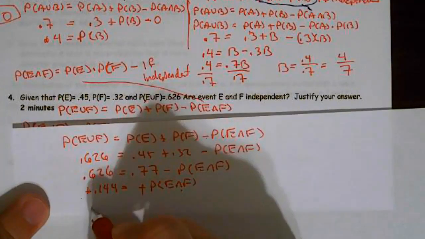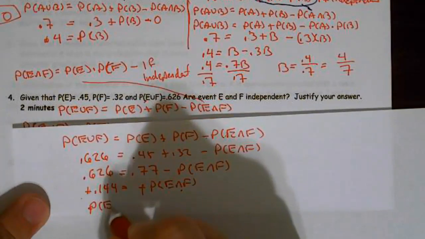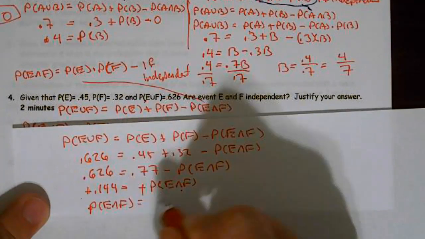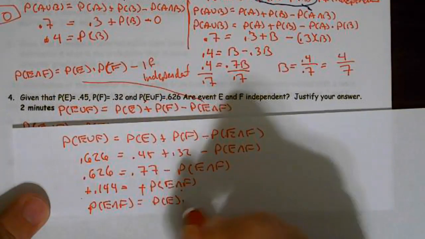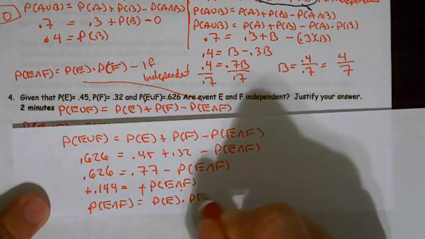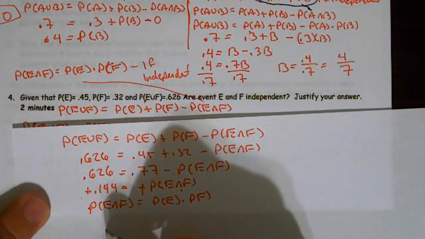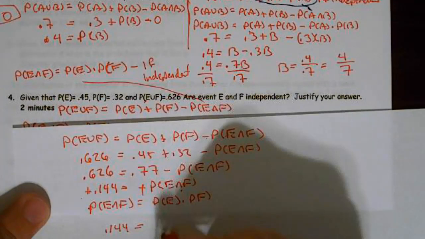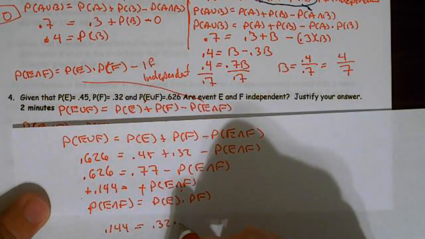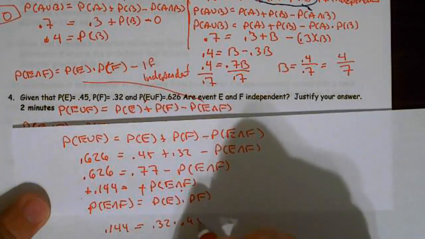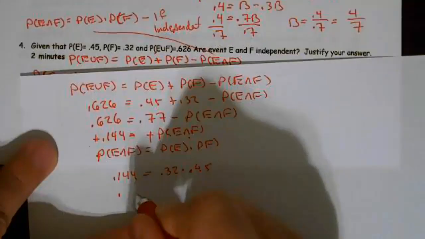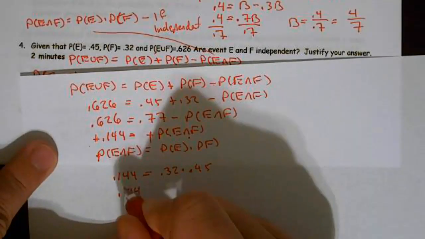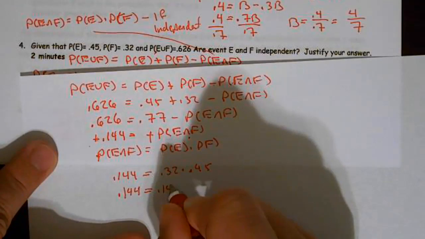Well, checking by the multiplication rule, the probability of E and F equals the probability of E times the probability of F. So that means 0.144 has to equal 0.32 times 0.45, and 0.144 equals 0.144.